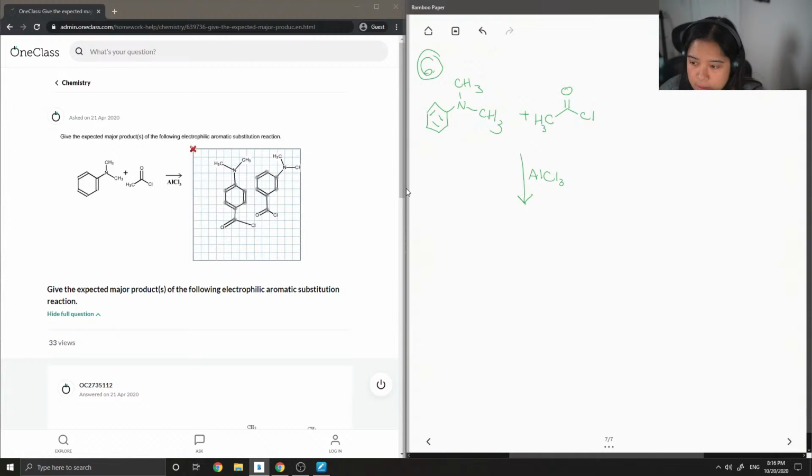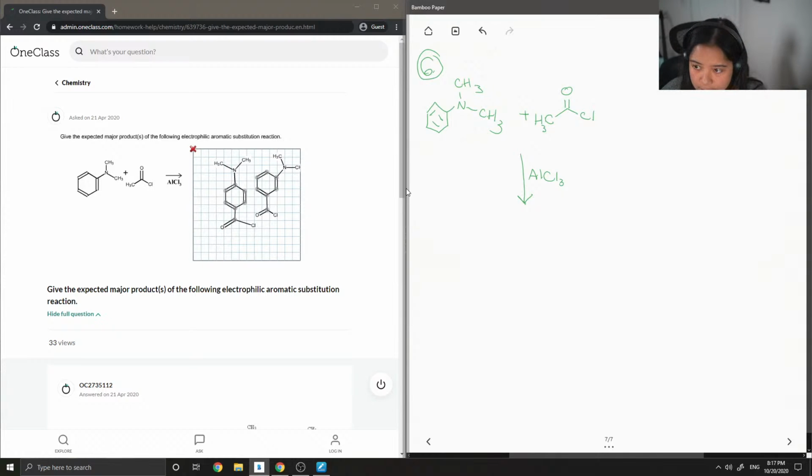So this is using aluminum trichloride. And this is kind of similar to that other question where we want to figure out where on the benzene ring the new substituent will go.